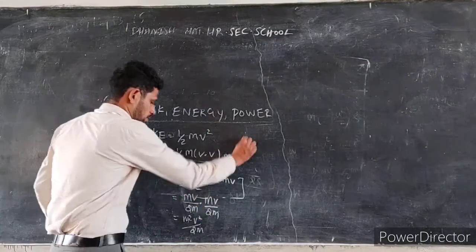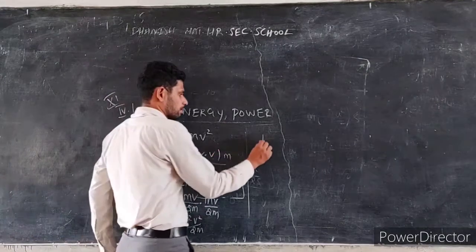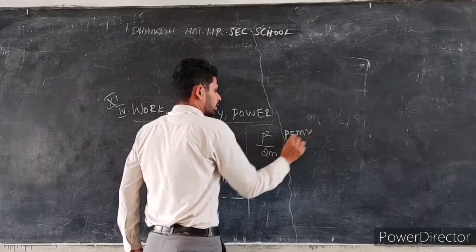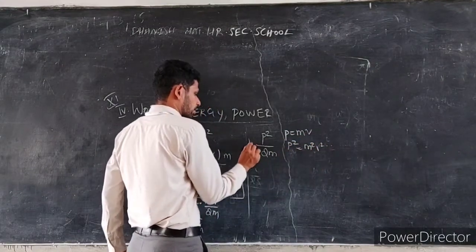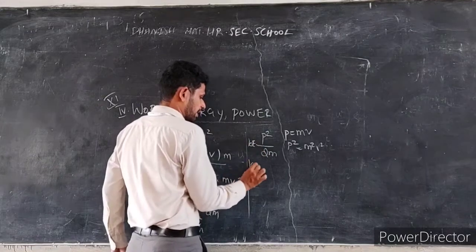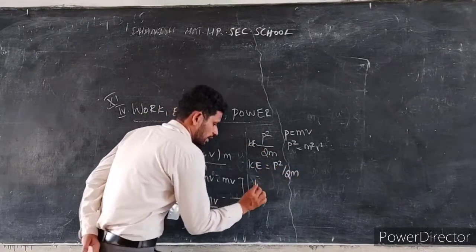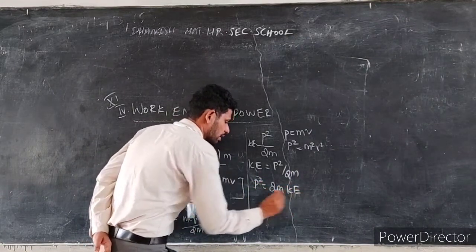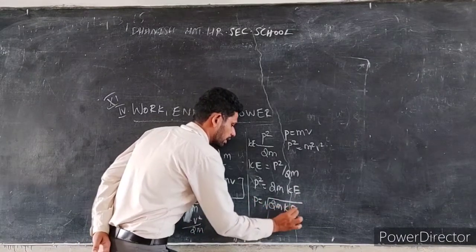So m squared v squared is nothing but the square of the linear momentum, right? So p squared by 2m, because p equals m v, then p squared equals m squared v squared. So kinetic energy will be equal to p squared by 2m, then p squared equals 2m times kinetic energy. P will be equal to root of 2m kinetic energy.